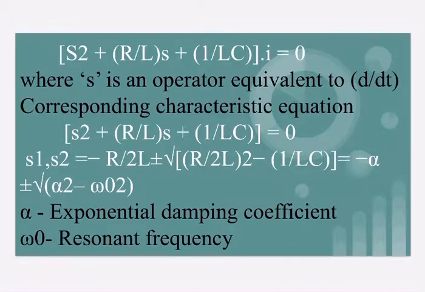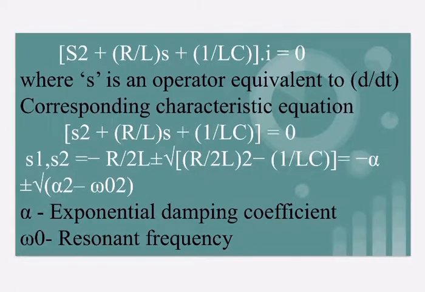That is a standard quadratic equation, and the roots S1 and S2 are given by S1, S2 equal to minus R by 2L plus or minus root over R by 2L whole square minus 1 by LC, which is equal to minus alpha plus or minus root over alpha square minus omega naught square.